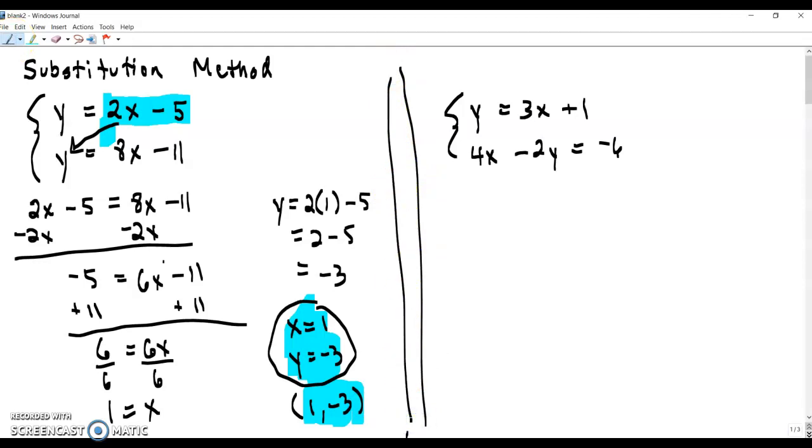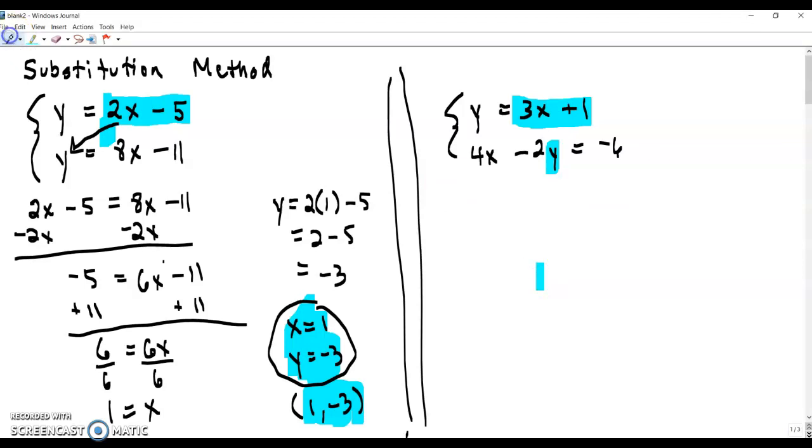Now this second example, only one of the equations has a variable isolated. Doesn't matter which variable it is. I happen to have the y isolated, so it is in slope-intercept form. It's the same method. Take that expression and replace all instances of y with the expression.